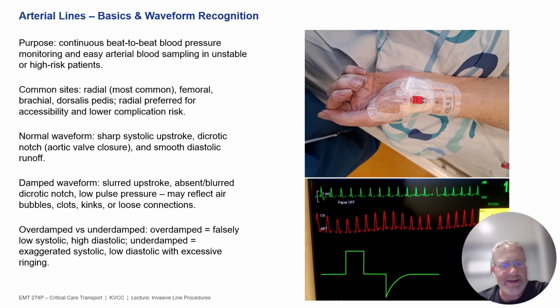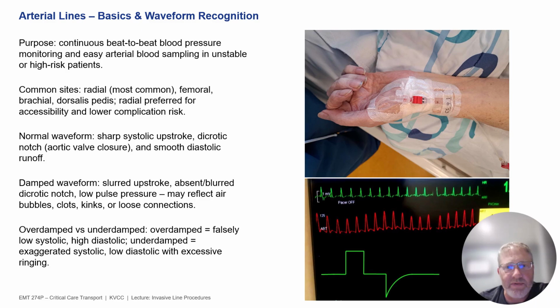All right, so let's dive into each one of these a little deeper. Arterial lines, we'll start with those. Art lines are one of the most important monitoring tools in transport if you have one available. The radial artery should be your first choice. It's easy to access, it's well collateralized, and it's low risk.